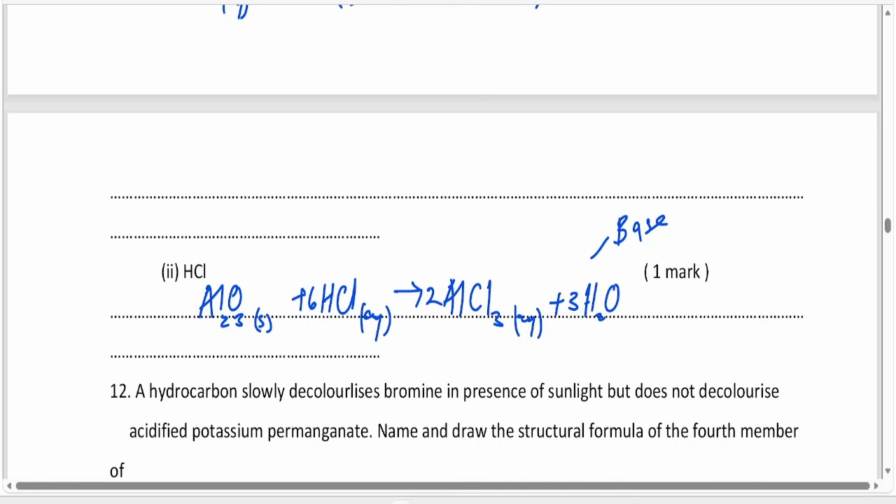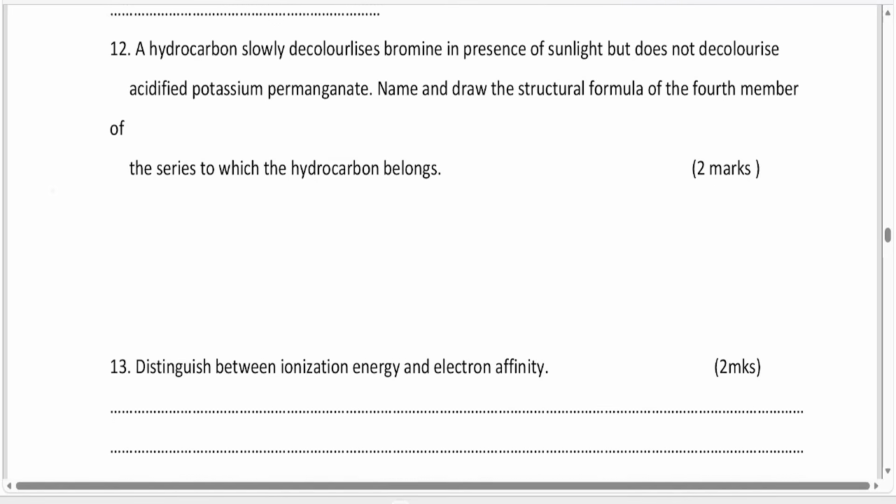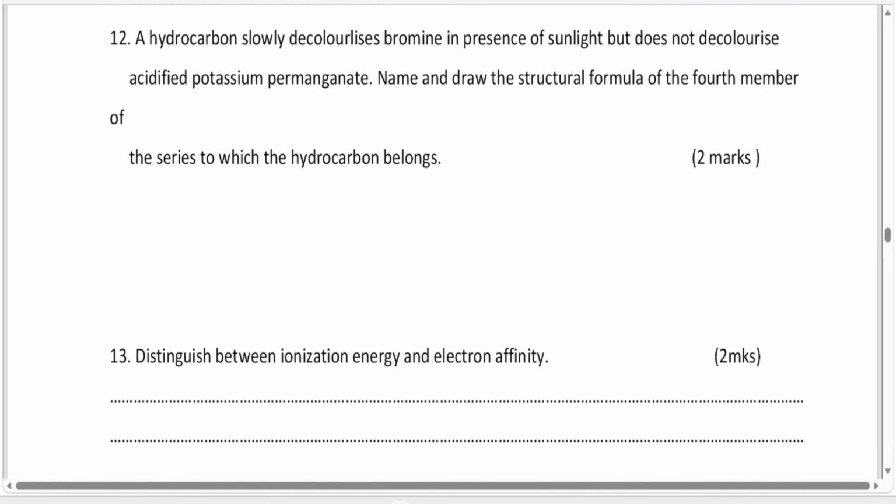Moving to question number 12. A hydrocarbon slowly decolorizes bromine in presence of sunlight, but does not decolorize acidified potassium manganate 7. Name and draw the structural formula of the fourth member of the series to which the hydrocarbon belongs.